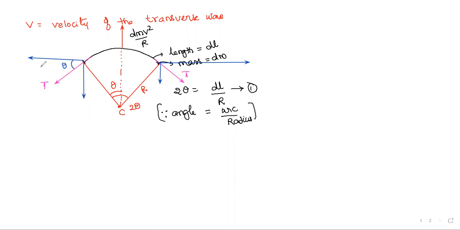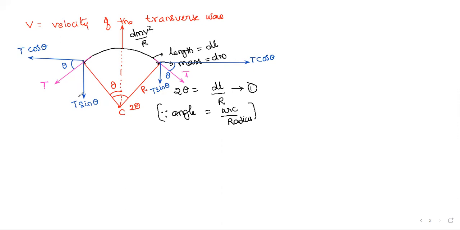Then resolve T into two components, Nana, here and there also. This will be T cos theta, here also it will be T cos theta, and it will be T sin theta, and here it will be T sin theta. Look, for the small element the T cos theta at the two ends are in opposite directions, so shall I cancel them on the element?